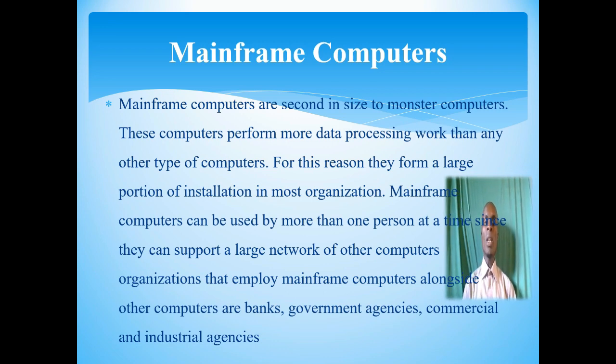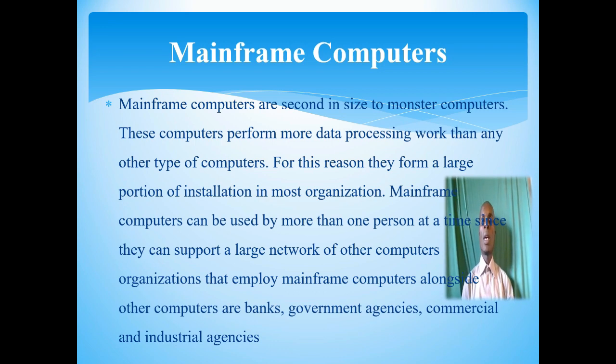Mainframe computers can be used by more than one person at the same time, since they can support a large number of other computers in an organization. So we use mainframe computers mostly in banks, government agencies, and commercial and industrial agencies.